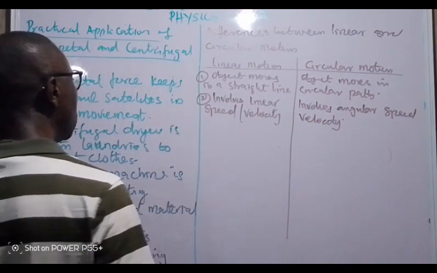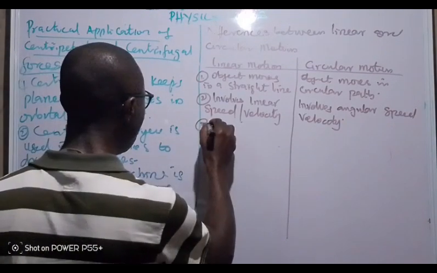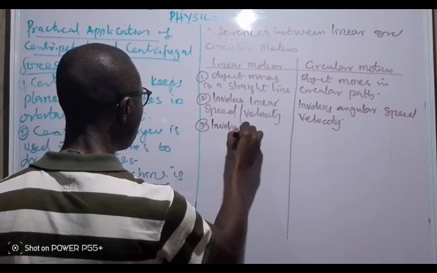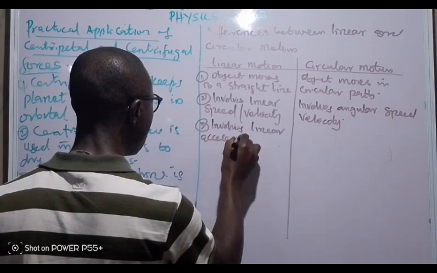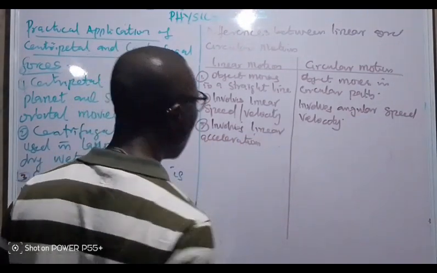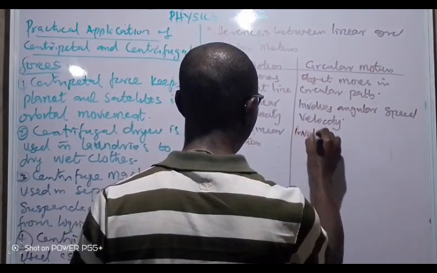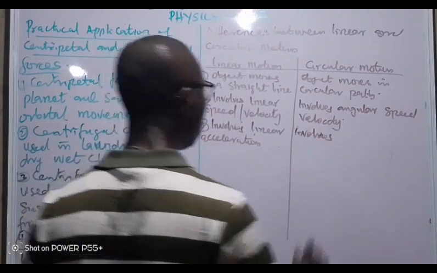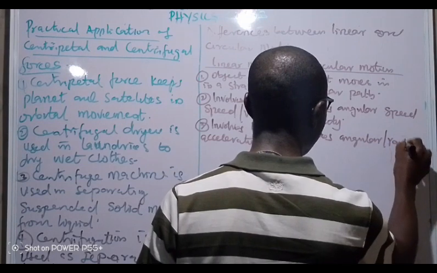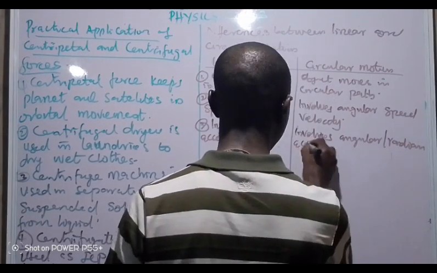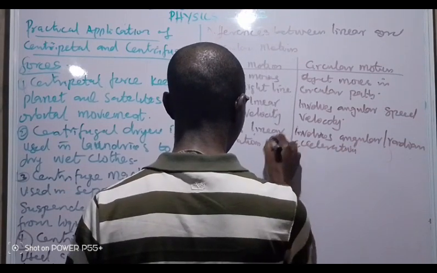Another point, 3, under linear motion, it involves linear acceleration, while under circular motion, it involves angular or radial acceleration. This one is denoted by a, while this one is ac.